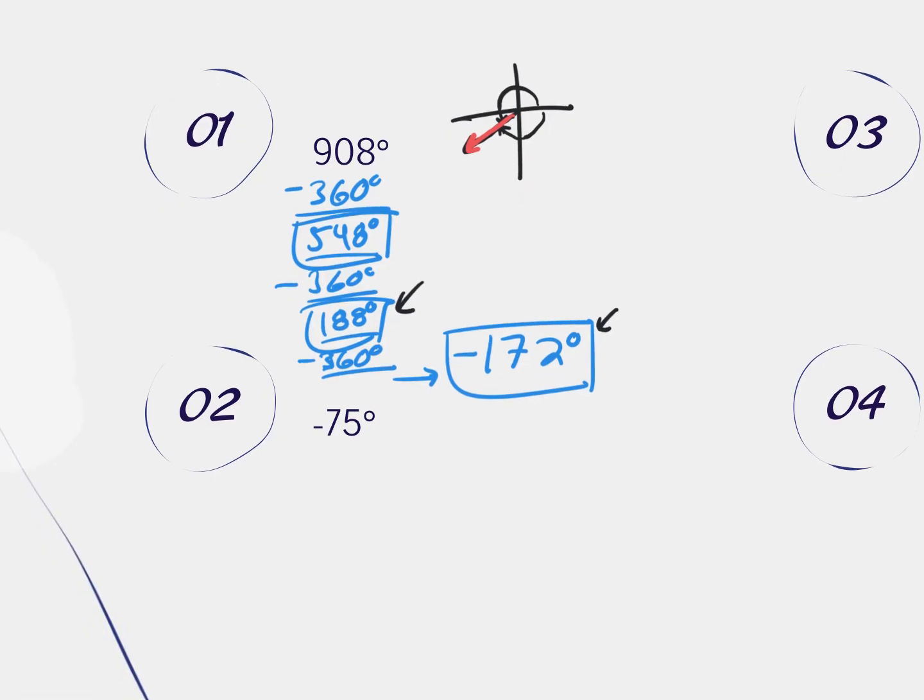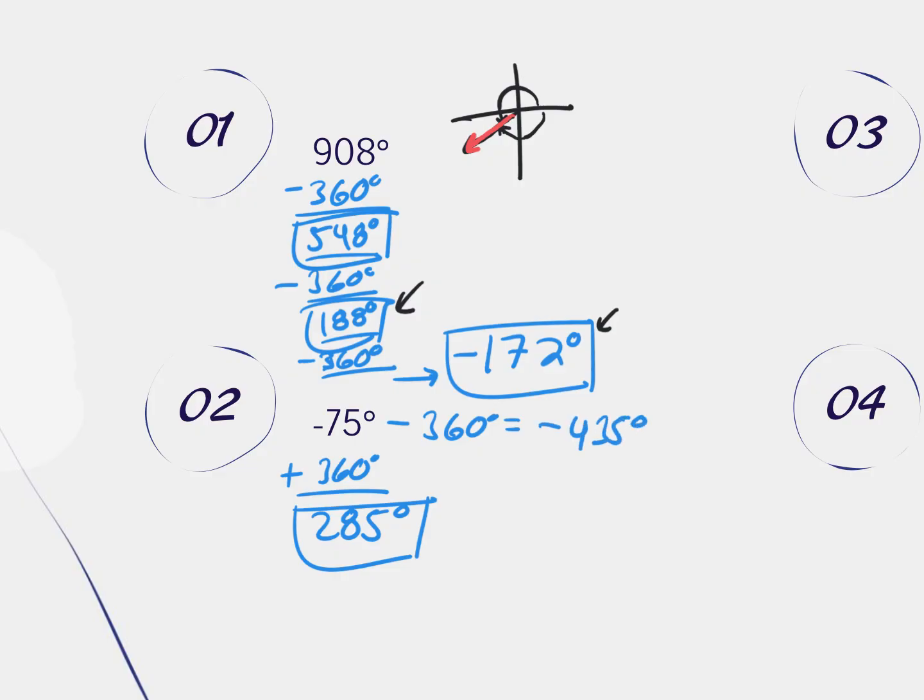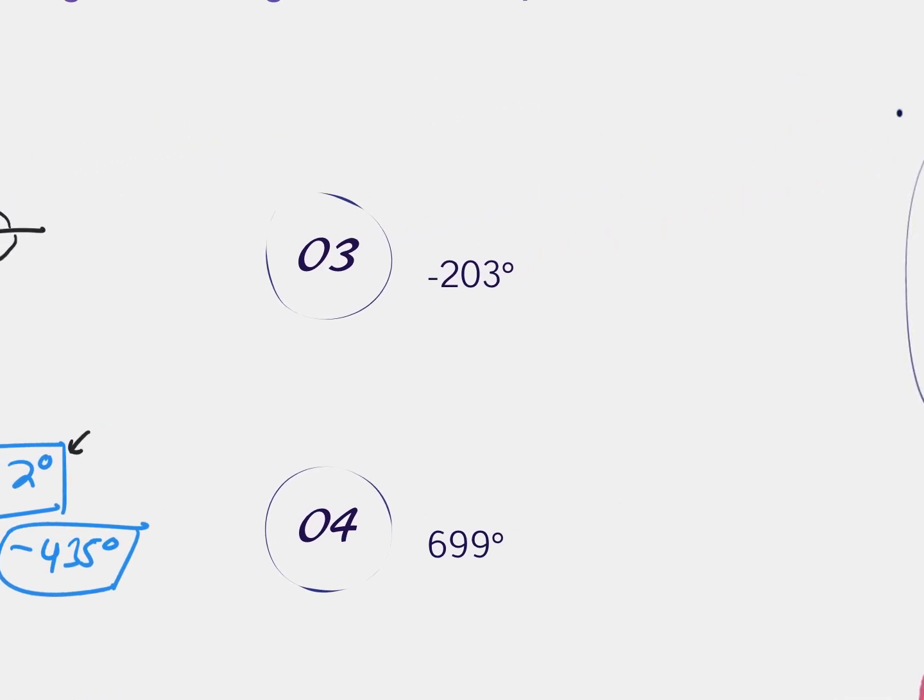Now, for negative 75, let's add 360 to find a positive coterminal angle. So negative 75 plus 360 is 285, that's a positive. To find a negative, I'm going to subtract 360 degrees. So negative 75 minus 360 is going to get you negative 435 degrees. Now let's do the same thing with the next one.